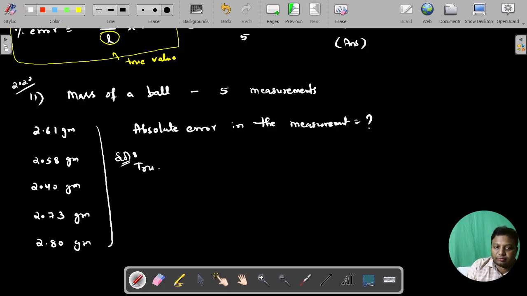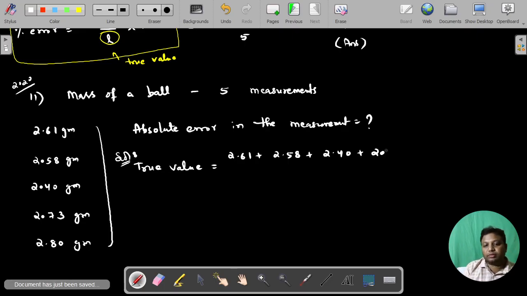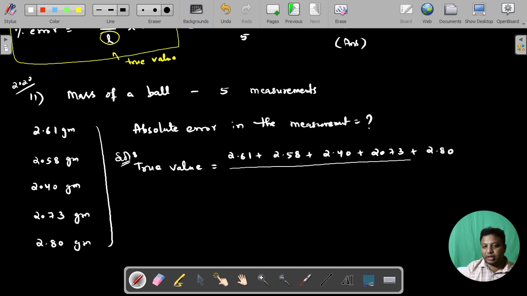True value means the average of the given observations: 2.61 plus 2.58 plus 2.40 plus 2.73 plus 2.80, divided by the number of observations, 5. Average means the sum of the observations divided by the number of observations.